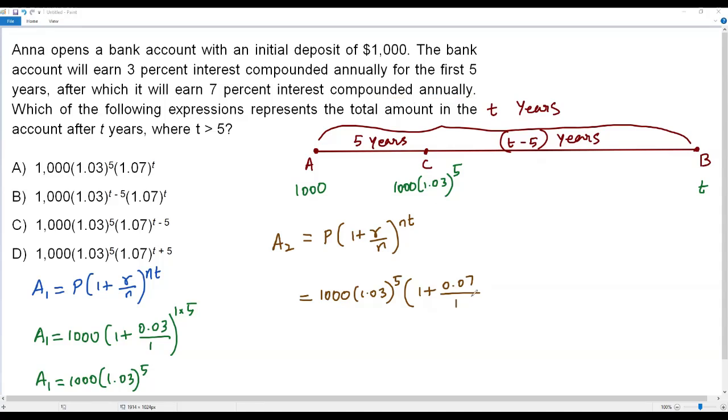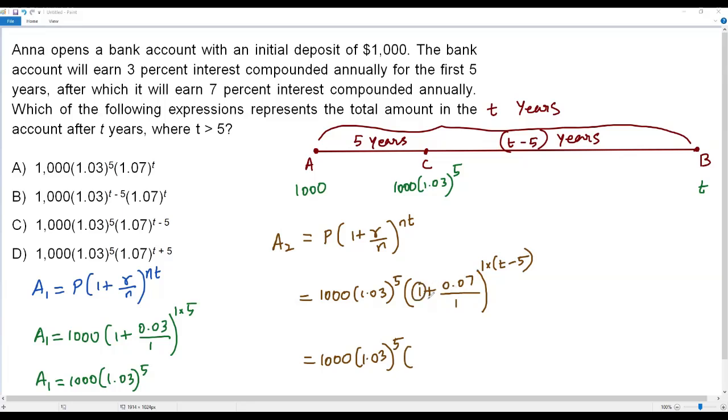So N is 1, the number of times interest is compounded in a year, to the power of, again, N is 1 times T. Here T means the time period for which the money is deposited, and here the time period is T minus 5. So we multiply this 1 by T negative 5. Then we get 1,000 times 1.03 to the fifth power times, when I divide 0.07 by 1, it's still 0.07.